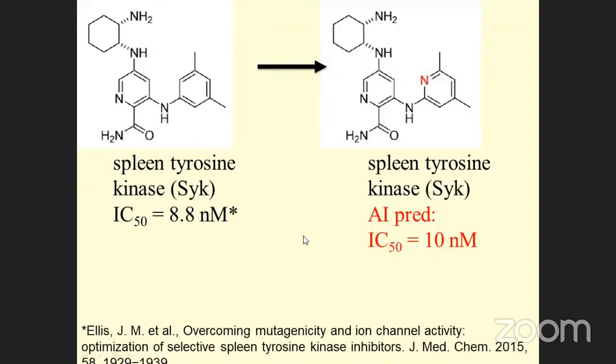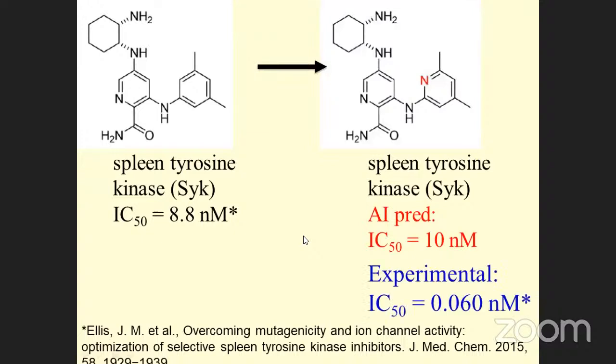It should have an IC50 of 10 nanomolar. Next, please. An experimental IC50 was found to be something very, very less, 0.06. Once again, AI failed. So these are not the only two examples. There are numerous examples where it has completely failed. This is because it tried to identify the characteristic pattern.